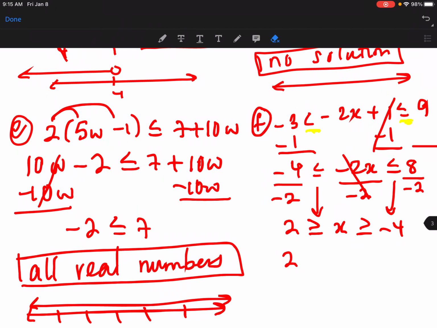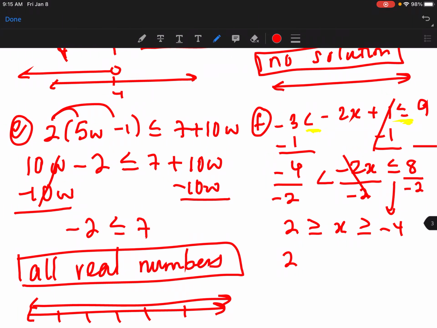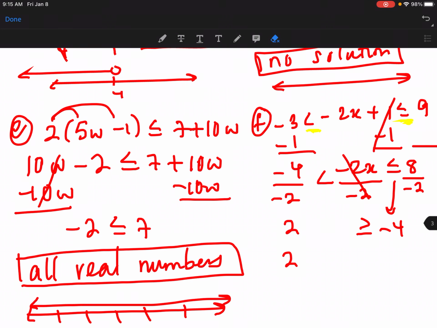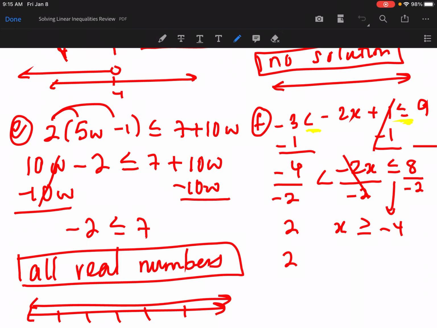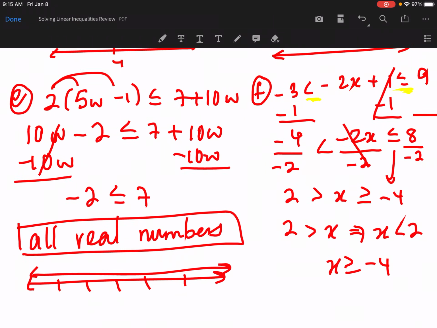So let me go ahead and change my sign for that. There was less than, therefore this should just be greater than x. So 2 is greater than x, or I can say that x is greater than or equal to negative 4. Once again, I can rewrite this as 2 greater than x, meaning x is less than 2.